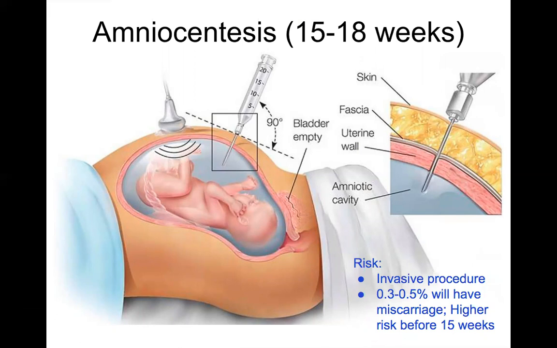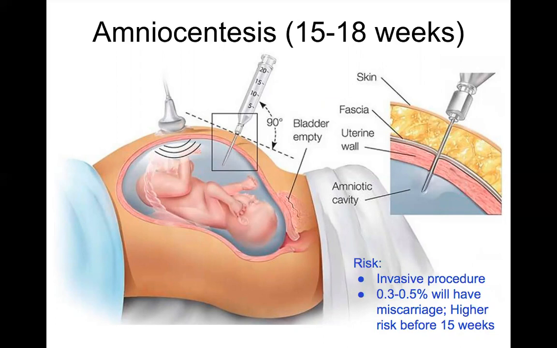In this particular method, what the doctor would do is, again, use ultrasound to monitor the positioning of the growing fetus. We now call it a fetus because any embryo that is beyond 8 weeks, that's what we call it. And what you do is you take a syringe and try to capture some of the amniotic fluid such that you can hopefully pick up some of the fetal cells that have been sloughed off from the baby's body, and then again perform a karyotype to count the number of chromosomes that you can find.